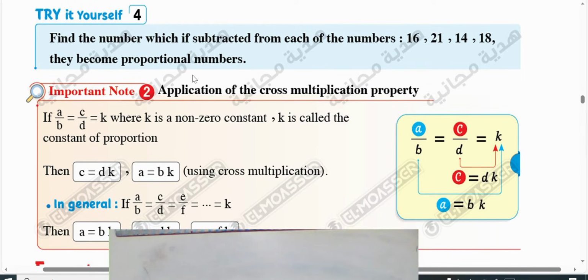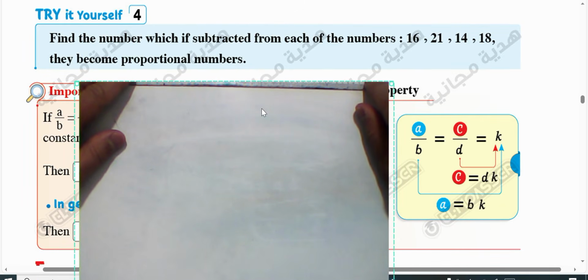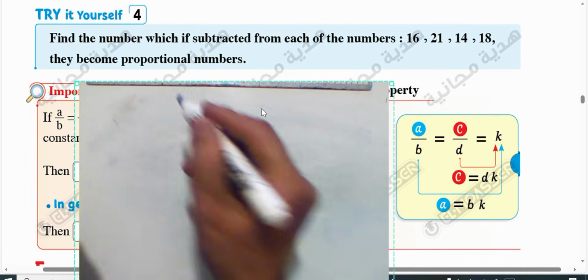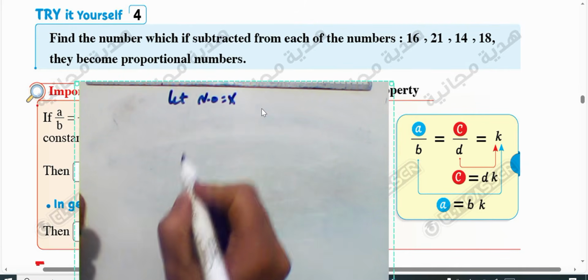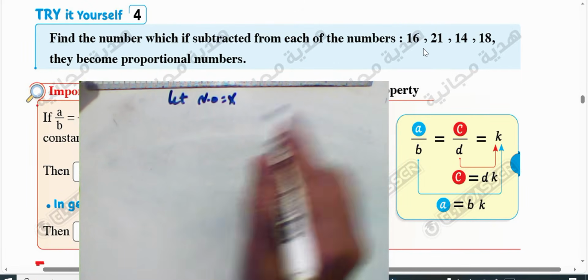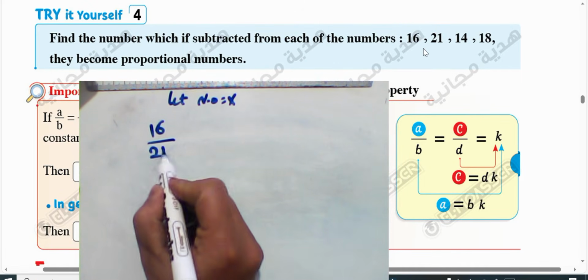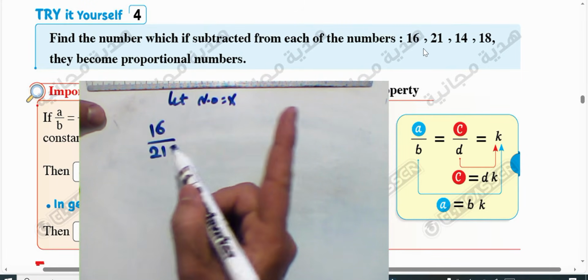Find the number which, if subtracted from each of the numbers 16, 21, 14, 15, they become proportional numbers. We can find this example by letting the number be x. First step, let the number be x. Then we can find the ratio 16 over 21. It asks about the number subtracted from each number.